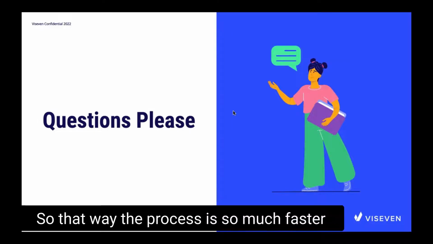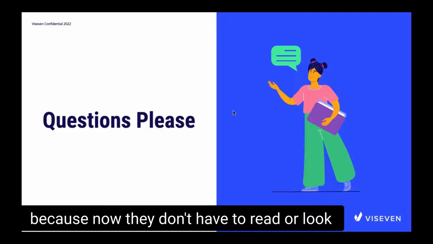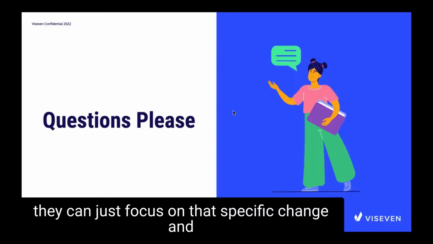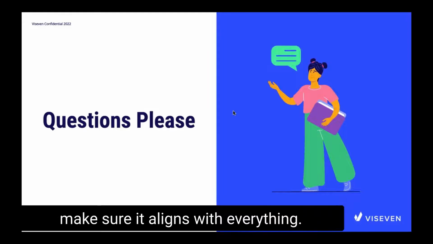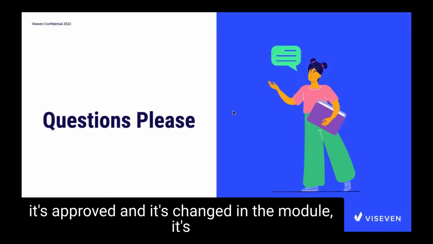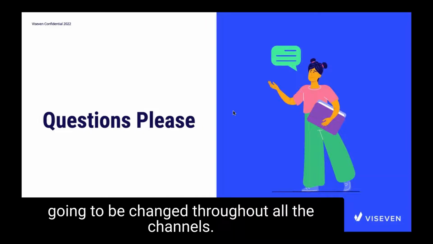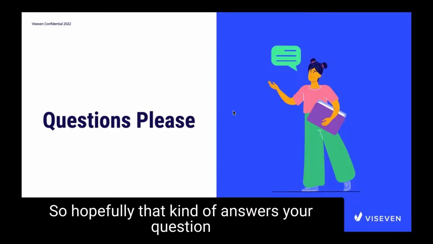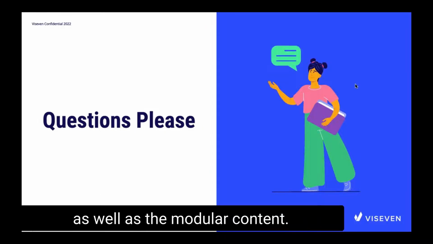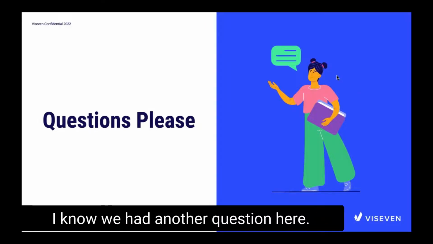That way, the process is so much faster, because now they don't have to read or look at the whole entire content, but they can just focus on that specific change and make sure it aligns with everything. And as we talked about during our presentation, once it's approved and changed in the module, it's going to be changed throughout all the channels. So hopefully that answers your question a little bit about the MLR approval, as well as that modular content. I know we had another question here.